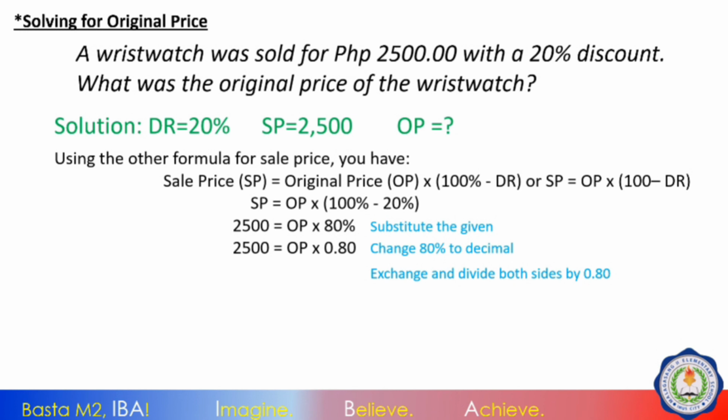Take note that we are finding the value of the original price. Therefore, we need to exchange and divide both sides by 0.80. Therefore, to get the original price, you need to divide the sale price and the 80%.